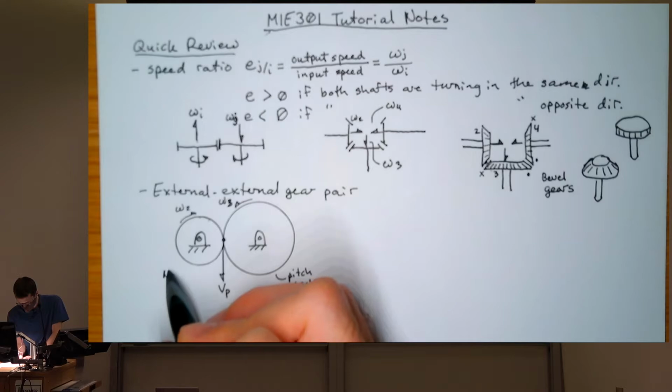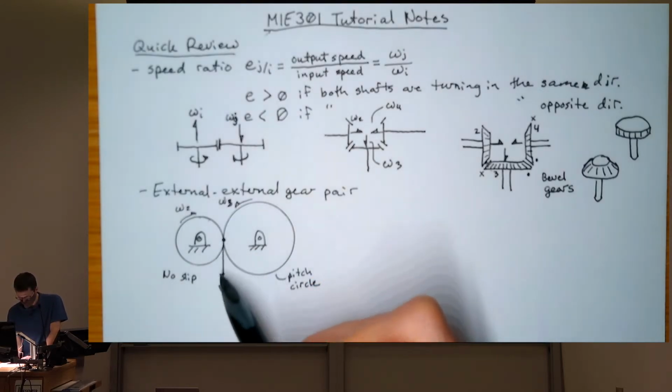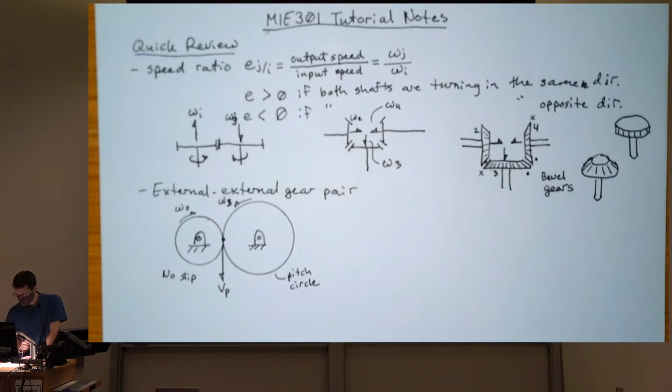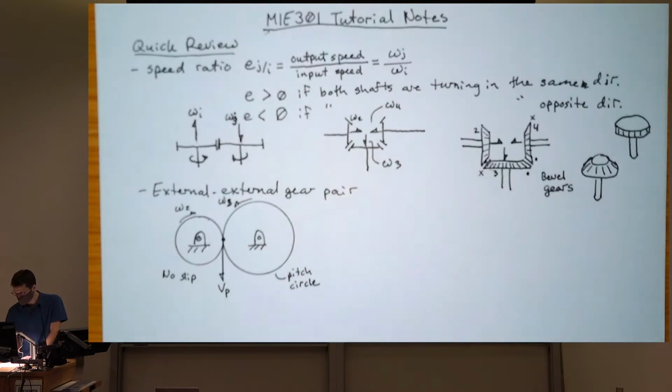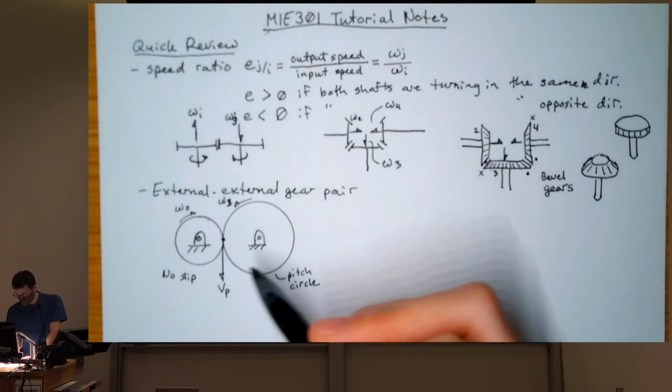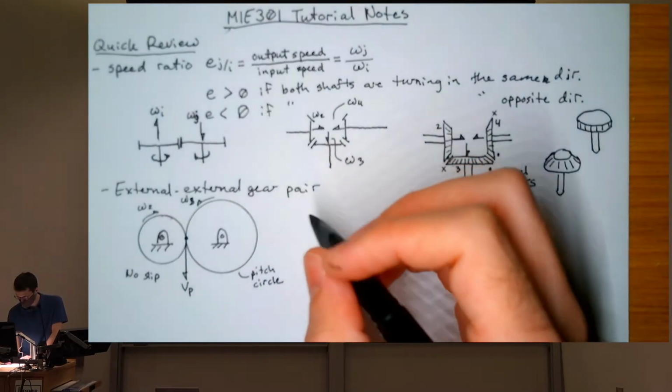There's no slip between the gears. And that's why we can say that at this point, they both share the same velocity Vp. So to show how we derive our gear ratio, which was covered in lecture, but we're going to review it real quick.